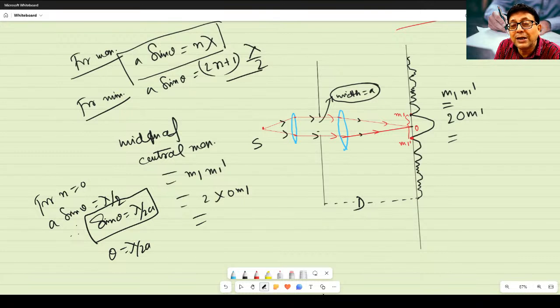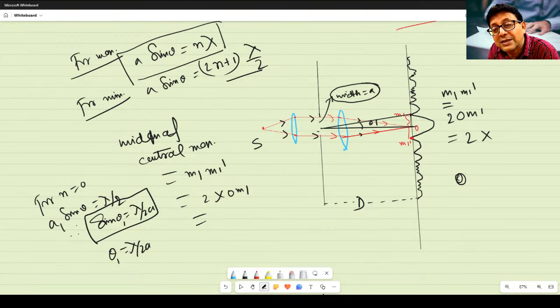So how do you get 2 M1 length? This is a very small angle. This distance we have taken D. So OM1 is actually, the angular position, you know, that is theta 1. So OM1 will be what? Twice the OM1 length.